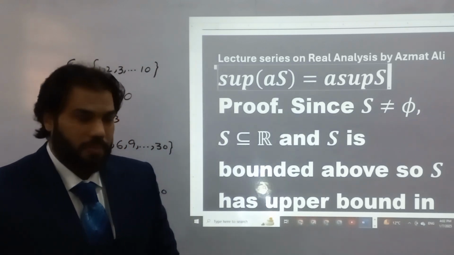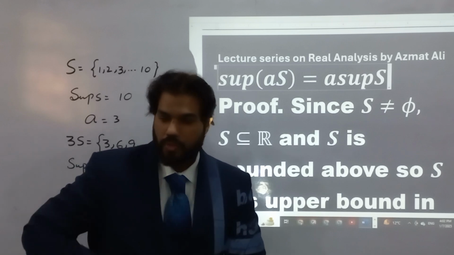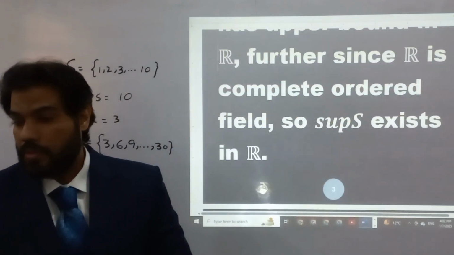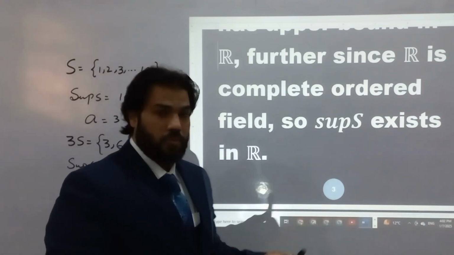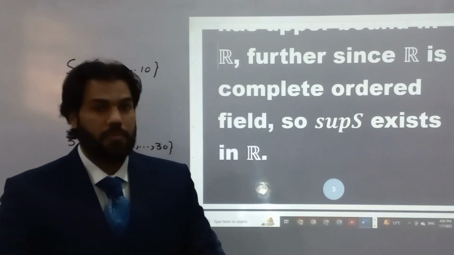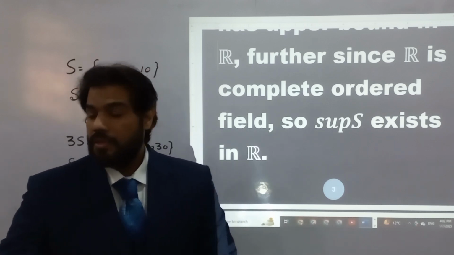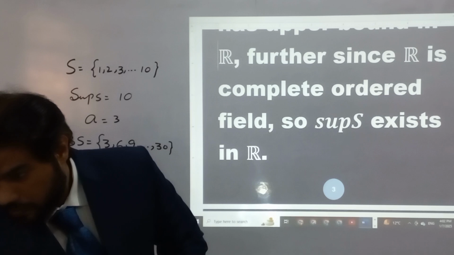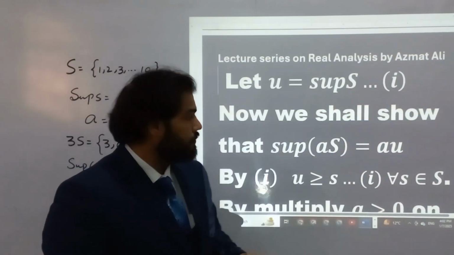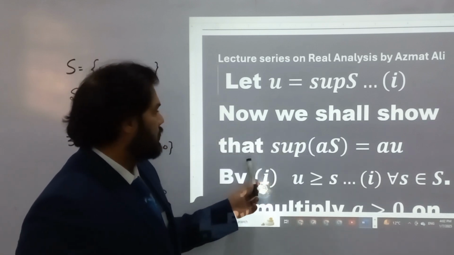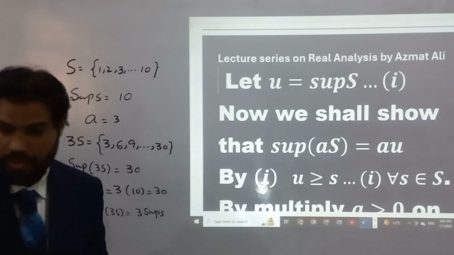So if S is bounded above, S has an upper bound in R. Further, since R is a complete ordered field, by definition of complete ordered field, supremum of S exists in R. Let supremum of S be equal to U. Now we will show that supremum of AS is equal to AU.